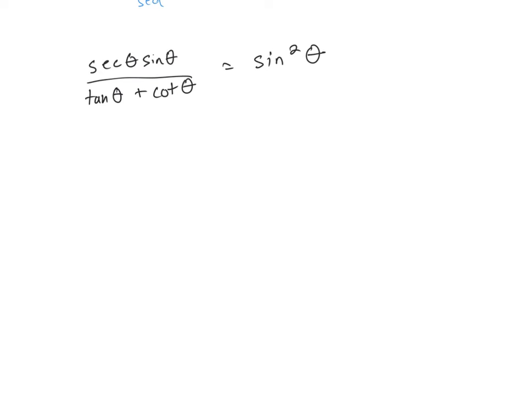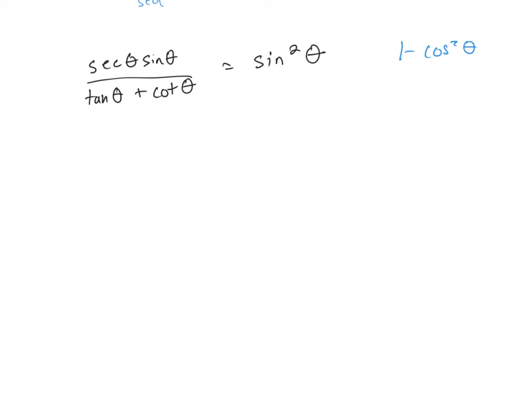Theta and x are interchangeable here because they are the same thing. Okay, so let's think about this logically, right? Sine squared of theta is the same thing as saying 1 minus cosine squared of theta. So I'm going to keep that in mind as I work through this.